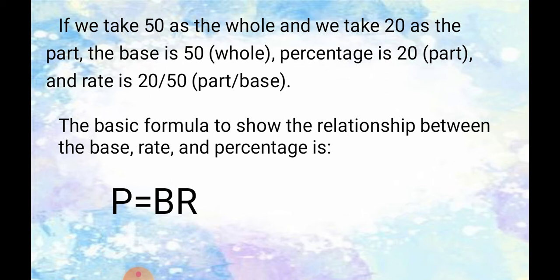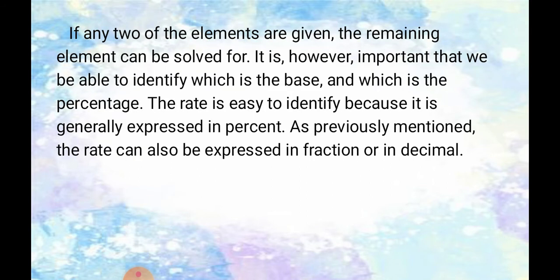So if any two of the elements are given, the remaining element can be solved for. It is, however, important that we be able to identify which is the base and which is the percentage. The rate is easy to identify because it is generally expressed in percent.